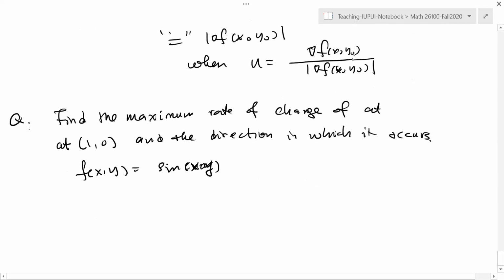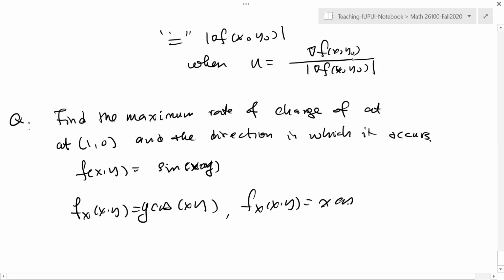So the rate of change in direction u is going to be the directional derivative. I'm going to find the gradient. You have to find the partial derivatives first. It's going to be cosine xy times y when you differentiate with respect to x, and then for f_y, when you differentiate, you get x cosine xy.